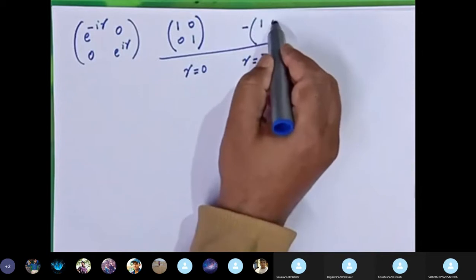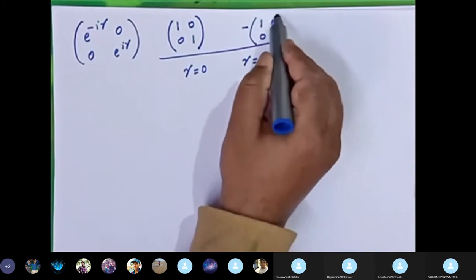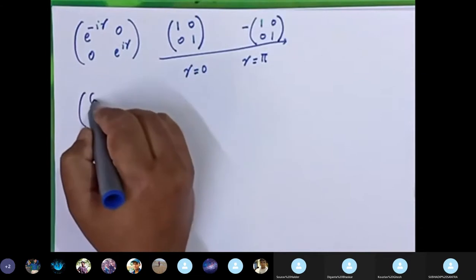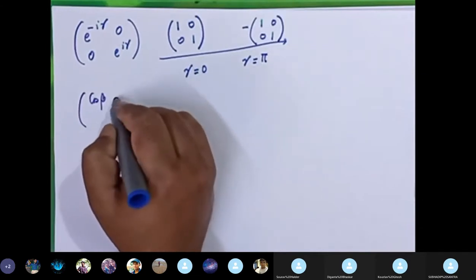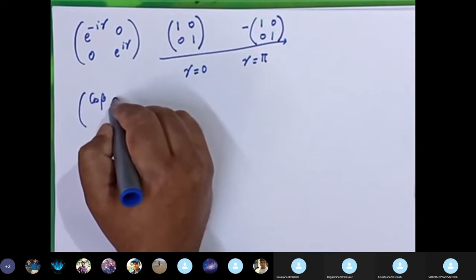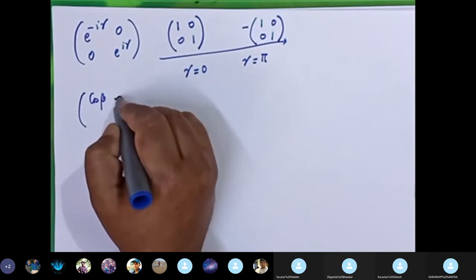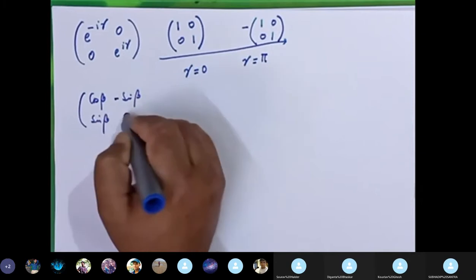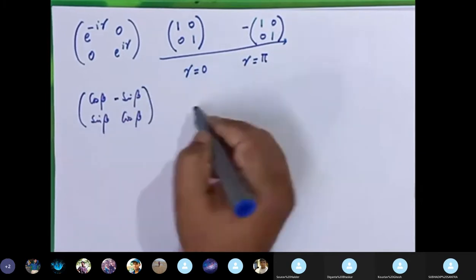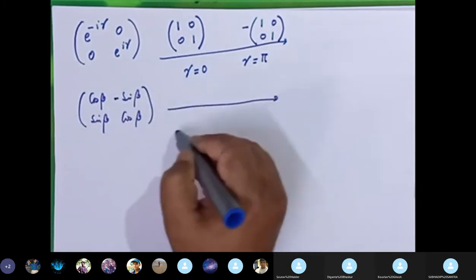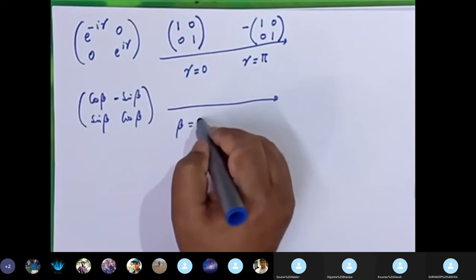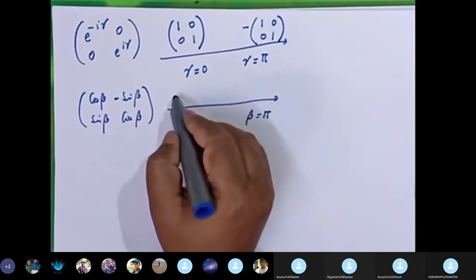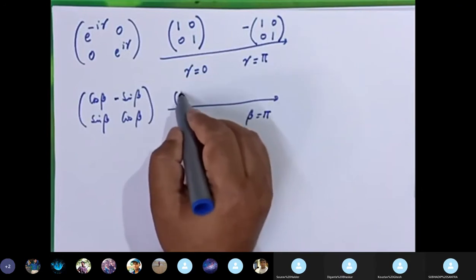Okay, let's see this way. So for beta equal to 0, this is identity.